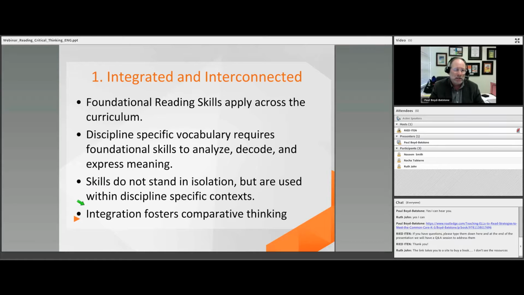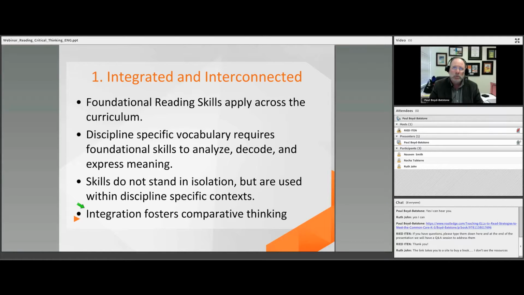Something else that integrating our reading instruction does is it fosters a sense of comparison. How do we use words in a math book? How do we use words in a science report? How do we use words in a narrative in history?